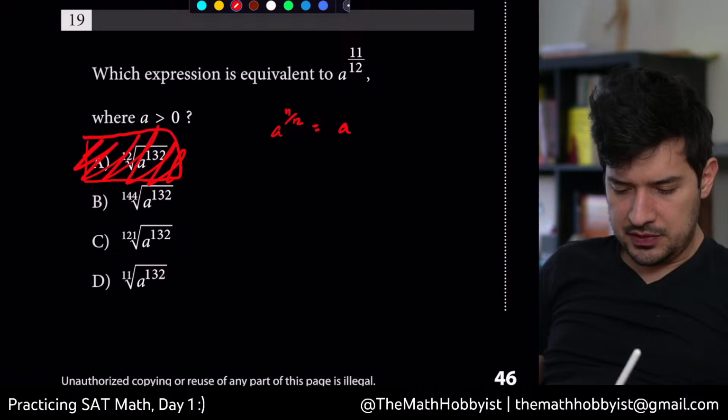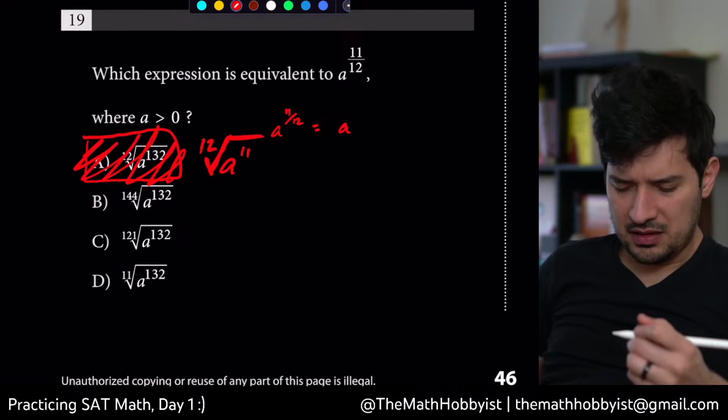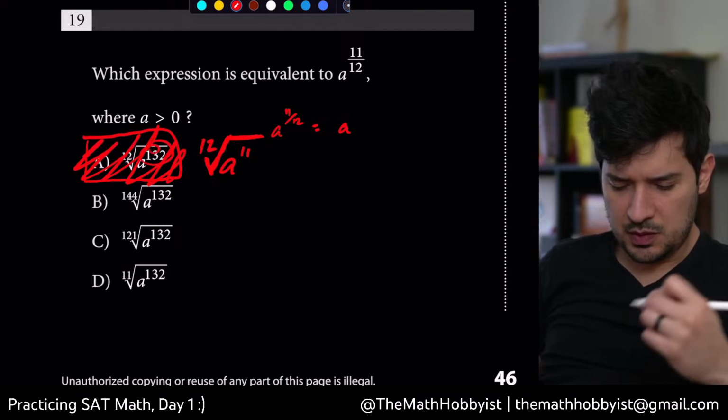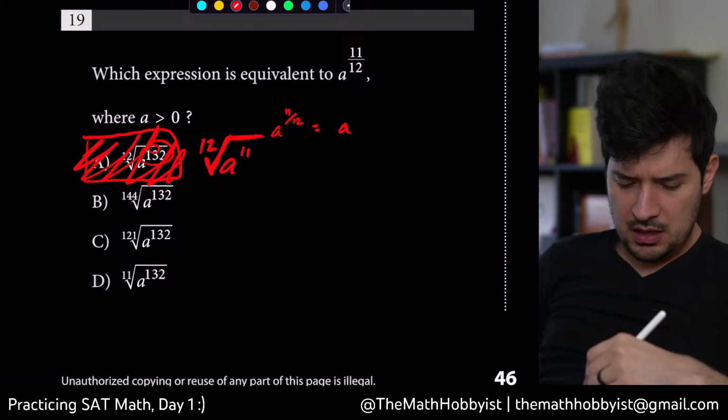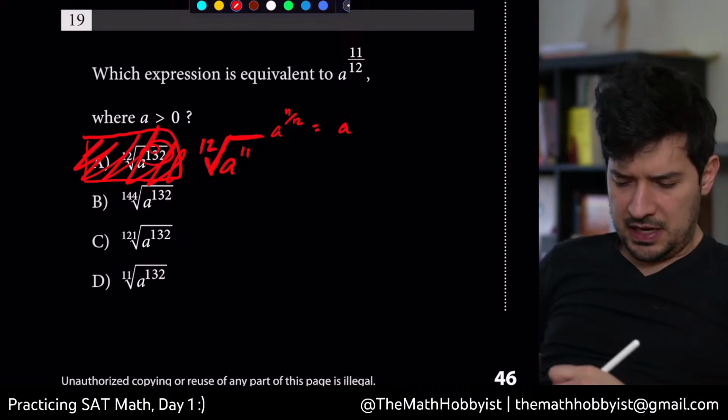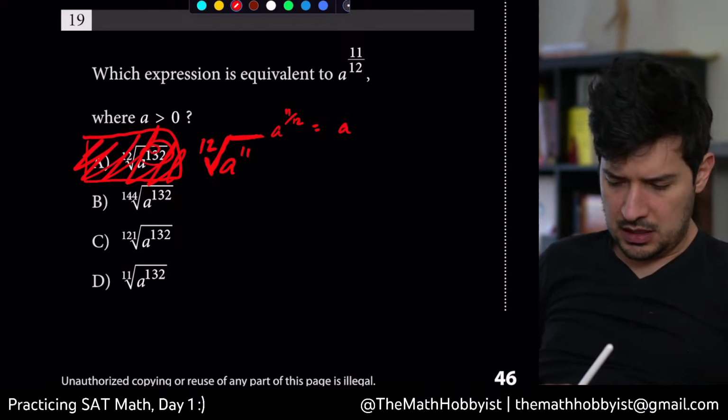Yeah, this was almost correct. It should have been a 11 root 12, like that. And I was like, wait a minute, that 11, it was 132 on the inside of that radical. So we are finding an equivalent.